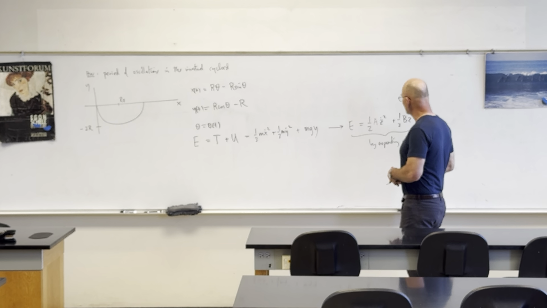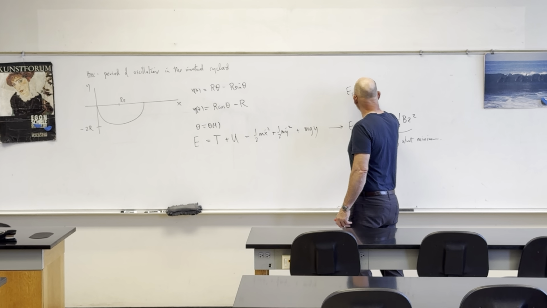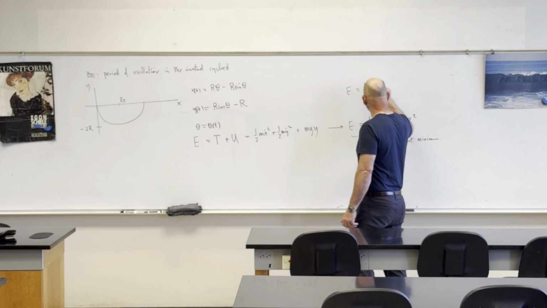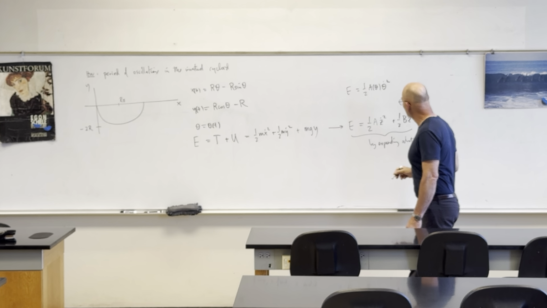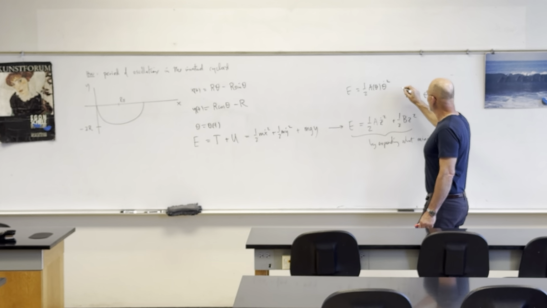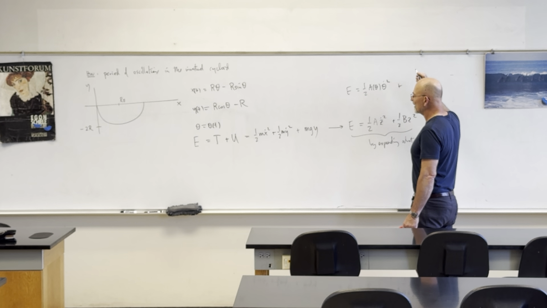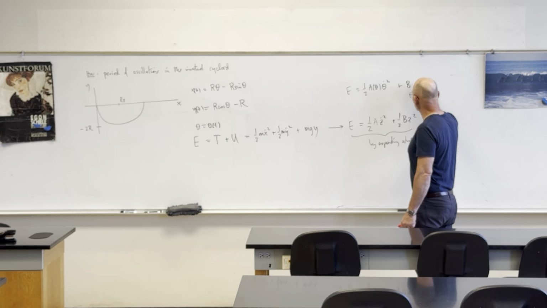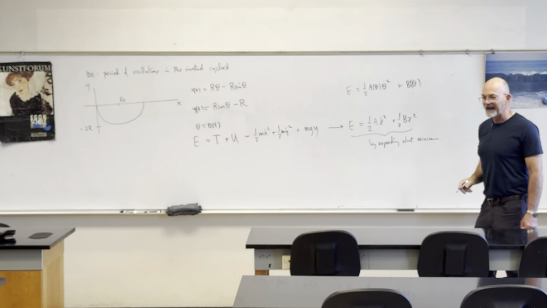You end up with E equals 1/2 A of theta, theta dot squared, plus, I'll just write E of theta for the moment. That's what you end up with first.